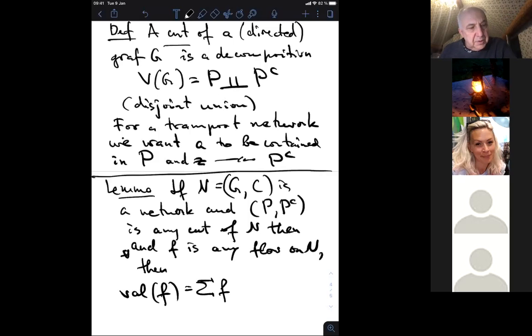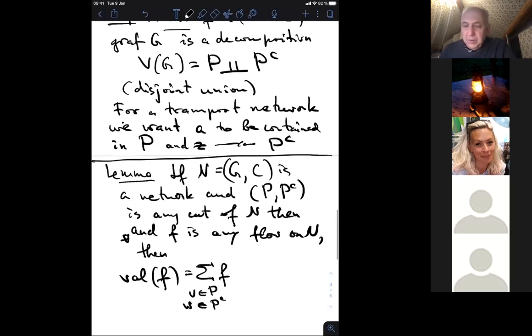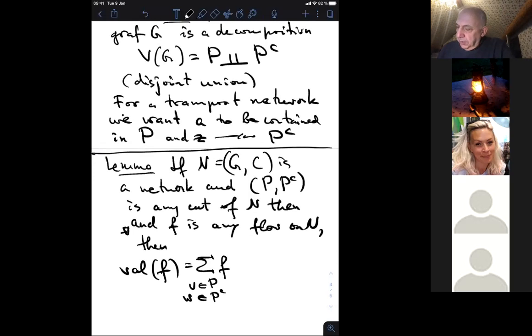If we take V in P and W in P complement, and we look at the flow from V to W minus the flow from W to V. So in principle, for a directed graph, it might happen.